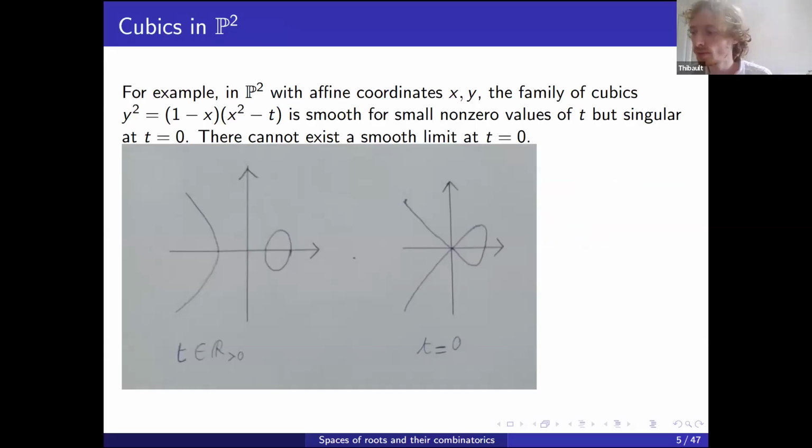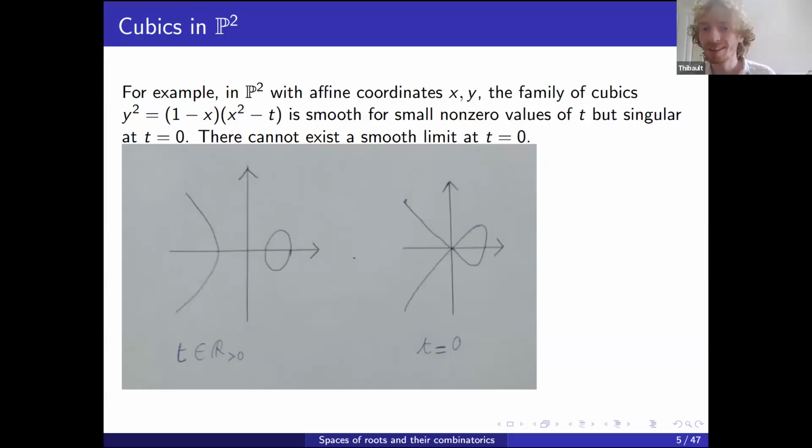But if 2 roots become the same, this acquires a singularity. So an example here, if t equals 0, then the polynomial in x has a root at 0 with multiplicity 2, and you see this nodal singularity at the origin.